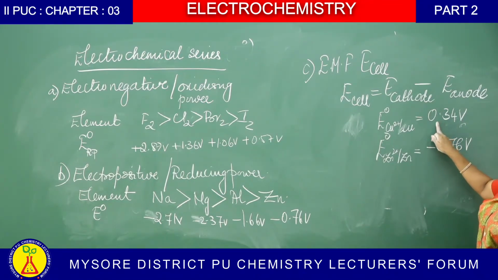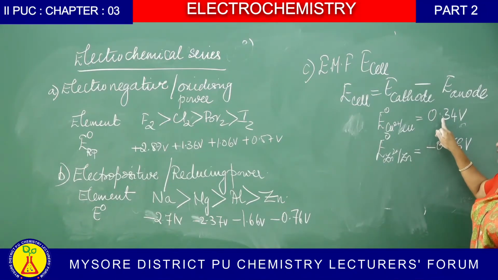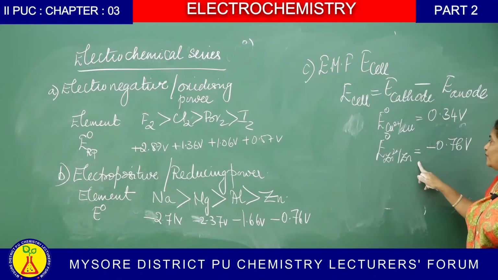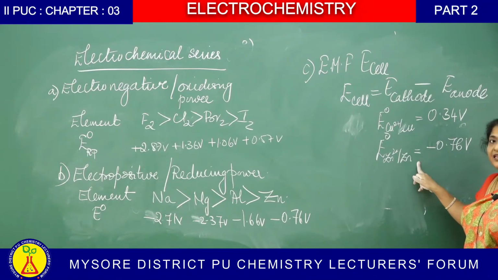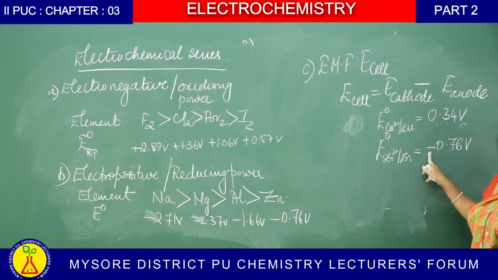Therefore, reduction is going to occur at copper, or it has a greater tendency to get reduced because its E naught value is positive, while zinc has a greater tendency to get oxidized. The reason being its electrode potential is negative.